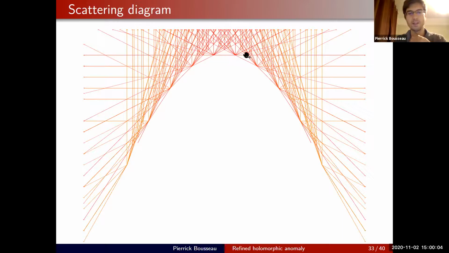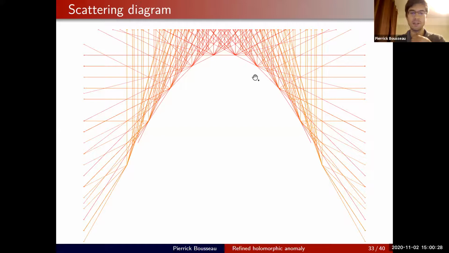Once two rays cross, there is a scattering algorithm. You need to add new rays, obtained by scattering of these two initial rays, and the quantum scattering diagram algorithm tells you exactly which generating function to attach to these newly created rays. Then you iterate: the new rays can intersect other rays, and so on.